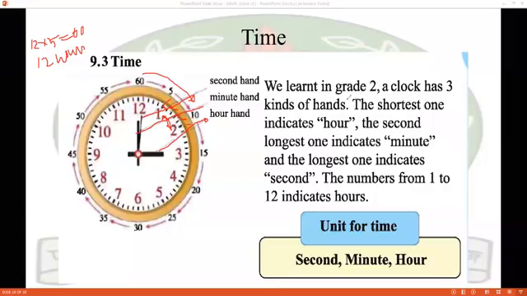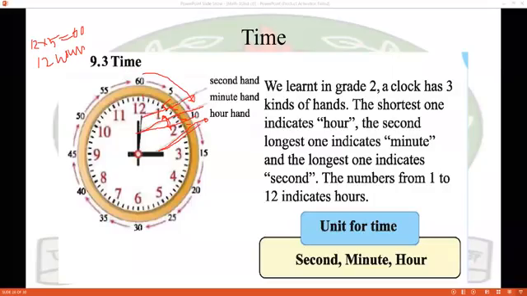The shortest one indicates the hour. The hour is indicated by the number. The second longest is indicated by the minutes, and the longest one is indicated by the second. The shortest is the hour hand, second longest is the minute hand, and the longest is the second hand.